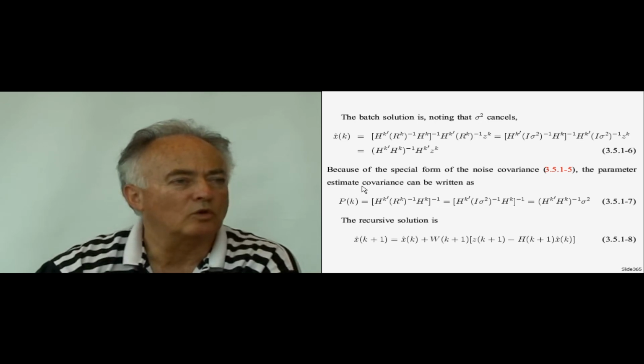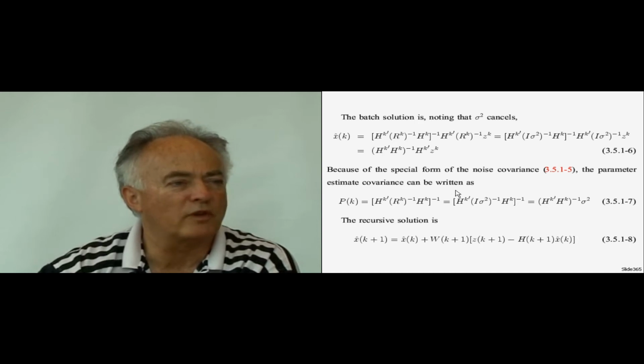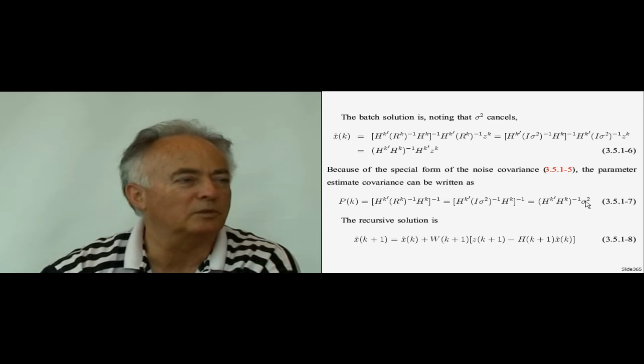We can also simplify the parameter estimate covariance, which is (Hk' Rk inverse Hk) inverse, by noticing that with an I sigma squared here, you don't need the I, and you can pull out the sigma squared. Remember, sigma squared to the minus 1, with another minus 1, ends up as a sigma squared here.